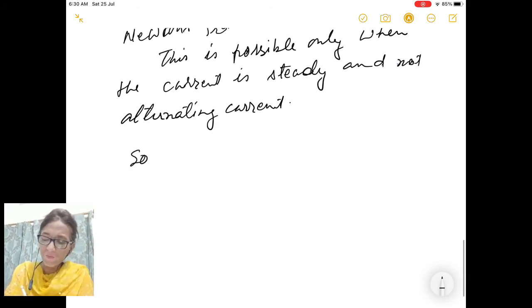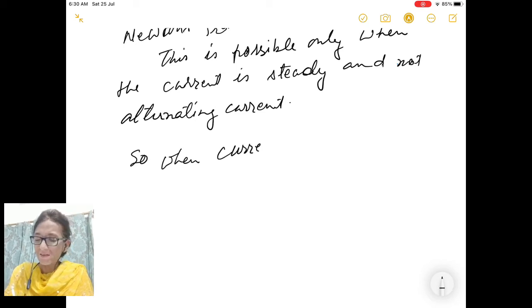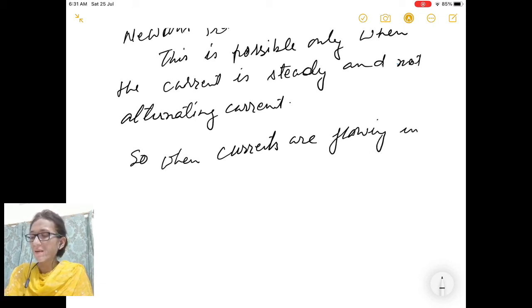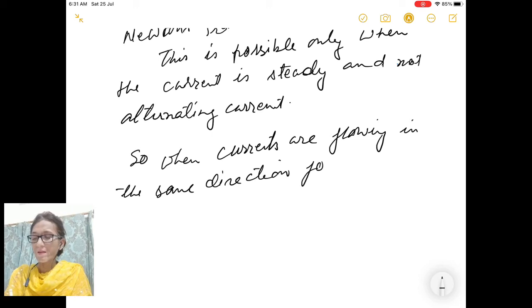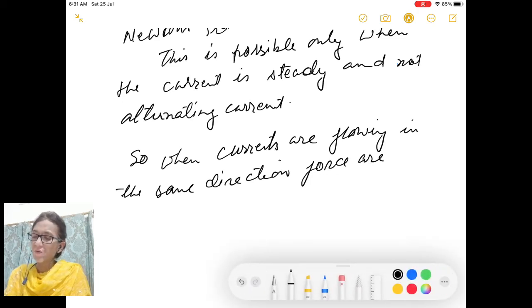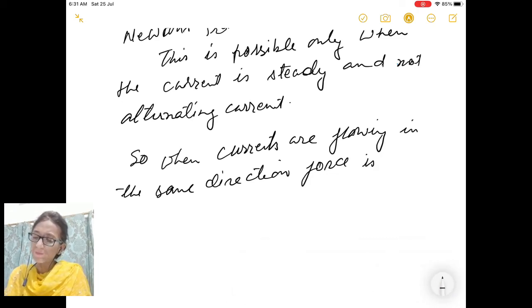So when currents are flowing in the same direction, the force is attractive.